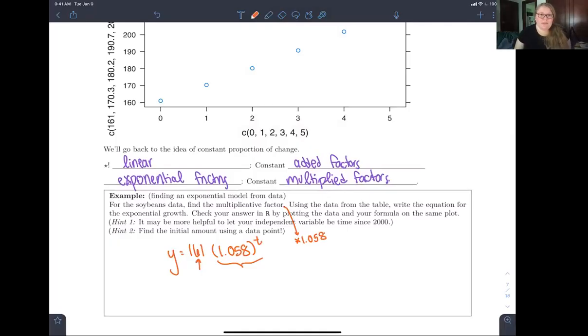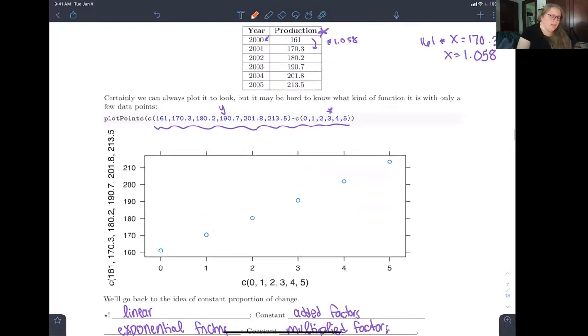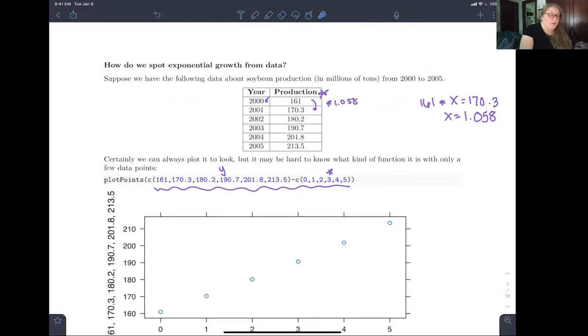Second thing to think about is, why did I put that multiplied factor as the base, for little a, or whatever the letter we use for it? Well, it turns out that that's exactly what it's supposed to be. Think about this table. We decided that we start with 161 and then we multiply by 1.058 to get to the next step. And then to get from there, we took this number and multiplied it by the same factor. In some sense, what we've just done is take 161 and multiply it by that twice.